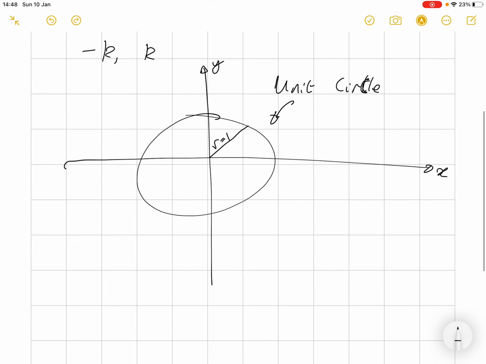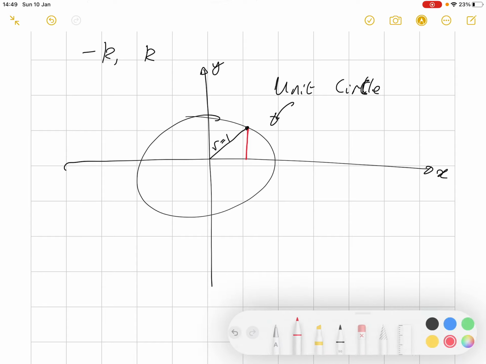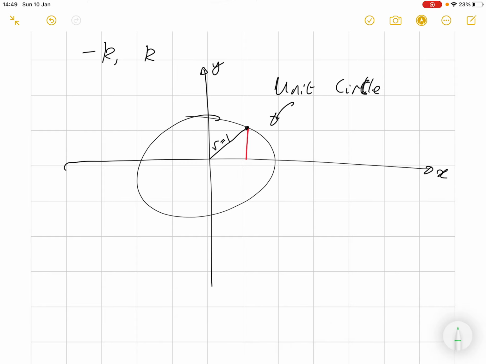So, as you can see, this line intersects the circle at some point. And this point here is some height off of the x-axis, which I will draw in red. It's some arbitrary distance away from the x-axis, and some arbitrary distance away from the y-axis.